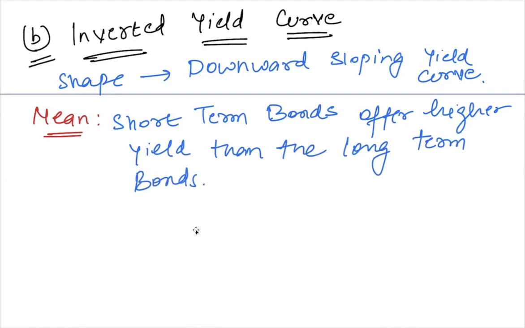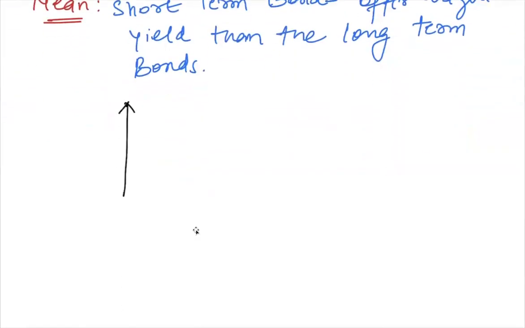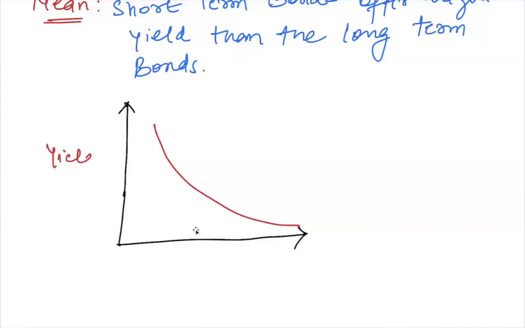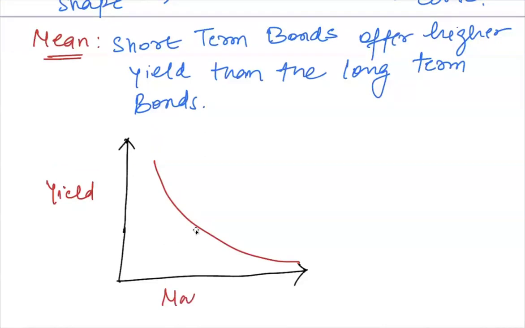So how will the shape look like? Something like this. Here we have our yield, here we have our maturity. Always remember, on the x-axis we have our maturity, on the y-axis we have our yield. Let's say this is our 1 month maturity, and this is our 30-year maturity.